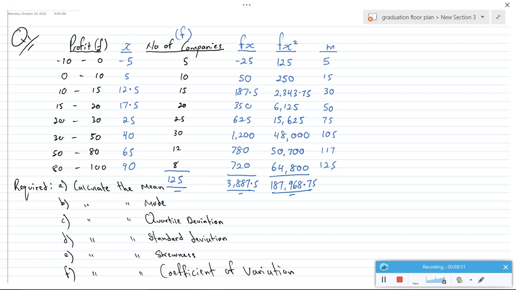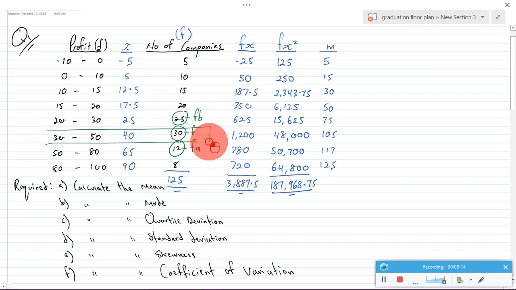So frequency before 25. This will be after. So once you already choose your F, this whole thing becomes your what? Mode class. So 30 will become your lower limit. Okay. What is the difference here? 10, 20, correct?